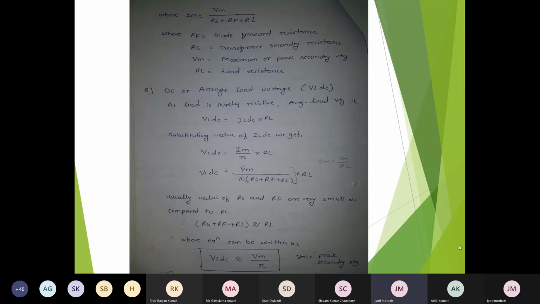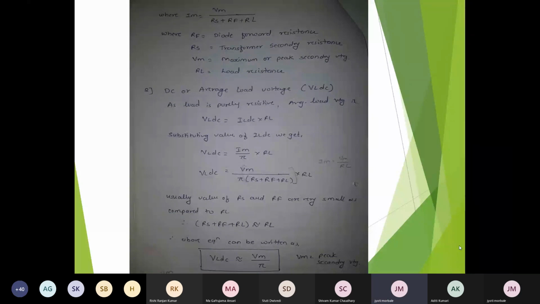Next thing is to find out the output voltage. Now see how we can calculate Im by using Ohm's law. I is equal to V upon R, right? So Im is equal to Vm upon R, and R is defined with various factors here. For example, RL, that is the load resistor value. Along with this, we need to consider RF, the forward resistance of the diode.